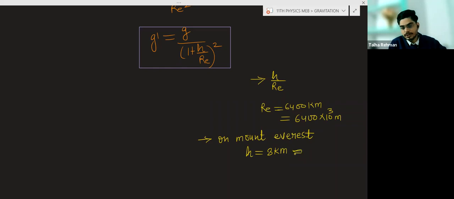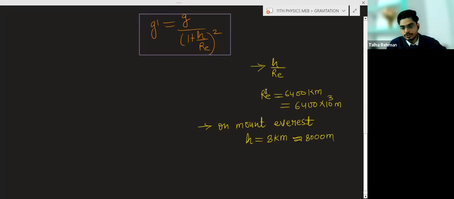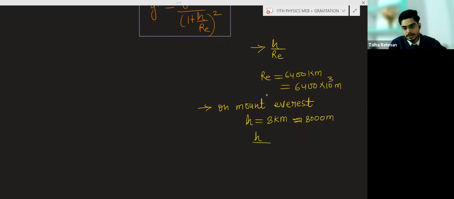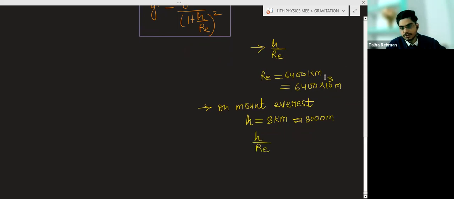Now find H by RE. This H is 8,000 meter, or in terms of kilometer, this is 8 kilometer and this is 6,400 kilometers. So this value is negligible as compared to the radius of the Earth.